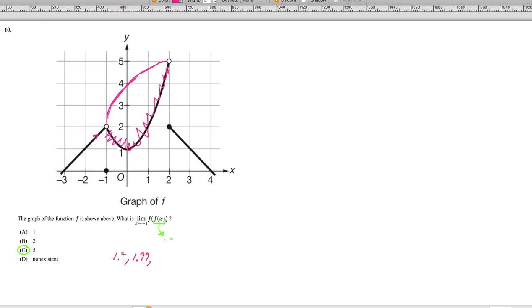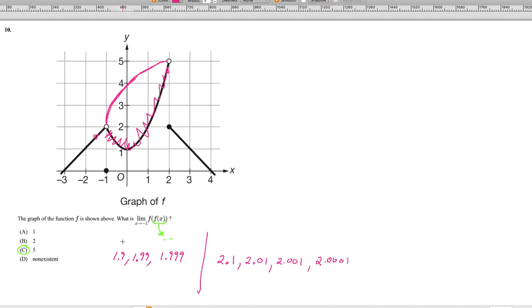Now let's approach -1 from the right. I am getting closer and closer to 2 again, but this time from above 2, so it's like 2.1, 2.01, 2.001, and so forth, 2.0001.